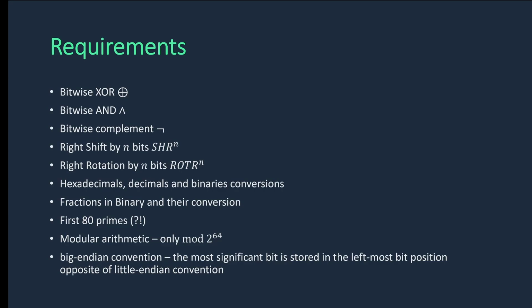And then lastly, we need to be familiar with the big endian convention, which states that the most significant bit is stored in the leftmost bit position. The opposite of big endian convention is the little endian convention, where the most significant bit is stored in the rightmost bit position.